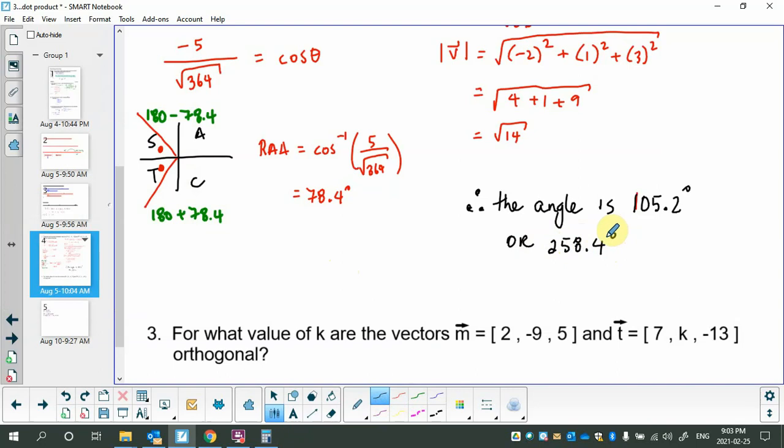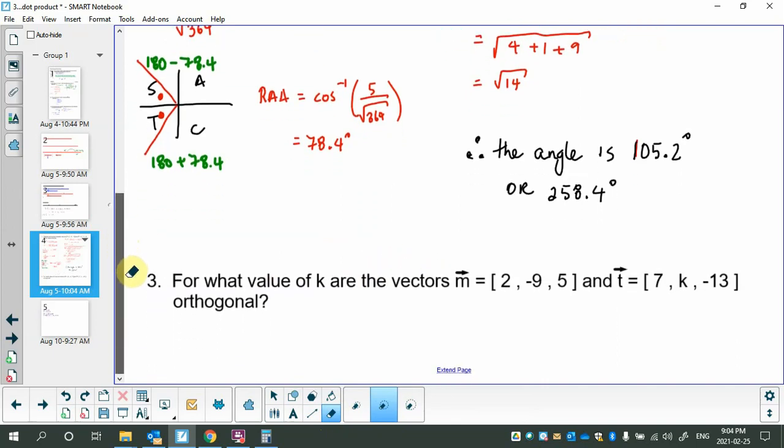And yeah, there could be two answers. So if I made a 105.2 degree angle, this is 258.4 degrees. So it is the same answer. It depends on if you want the reflex answer or if you want the non-reflex answer.